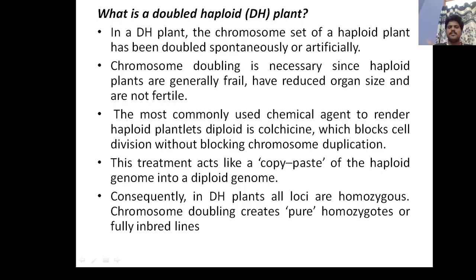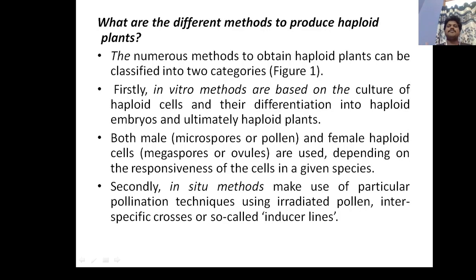This treatment acts like a copy-paste of the haploid genome into the diploid genome. Consequently, the double haploid plants have all loci homozygous, creating pure homozygotes and fully inbred lines. Then what are the different methods to produce these haploid plants?